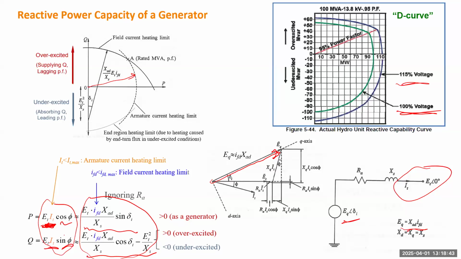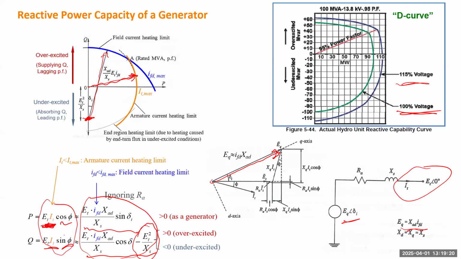For the second set of formulas, that's also a circle, but it shifts the center of the circle down to this point. This point will be determined by this value. So basically, there are two circles. One circle based on the terminal current will have this radius. The second circle based on the field current will have this radius. That determines the two parts of the boundary.